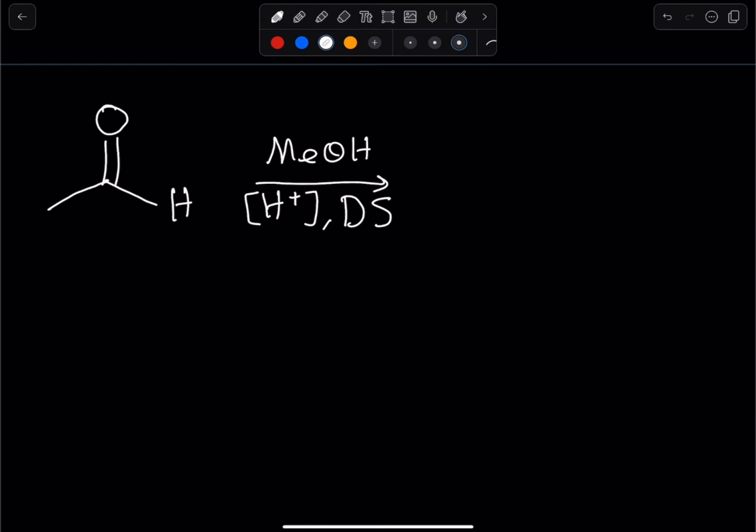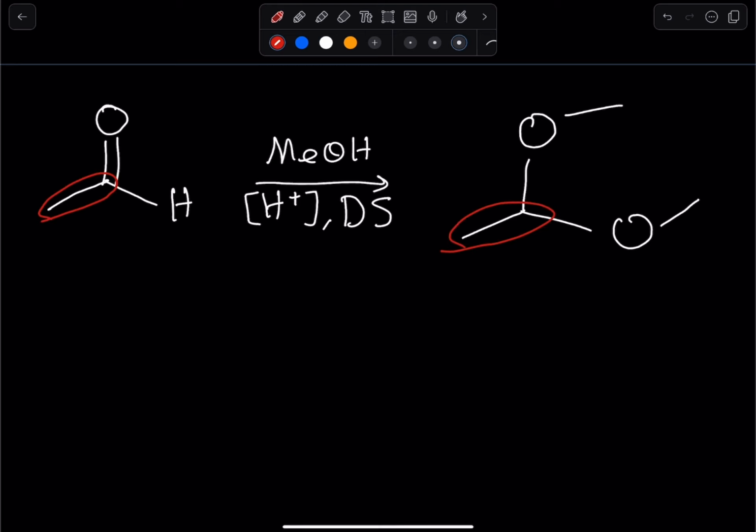Okay, so let me show it. Notice how we had really two carbons here, and so we have those two carbons, but now the double bond oxygen is gone, and we have two oxygens with methyls because it was methanol.